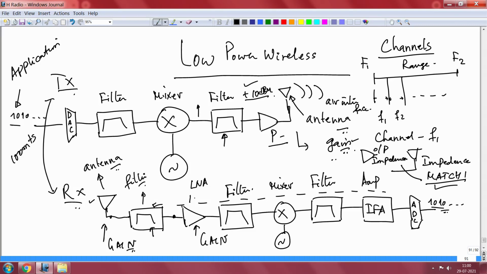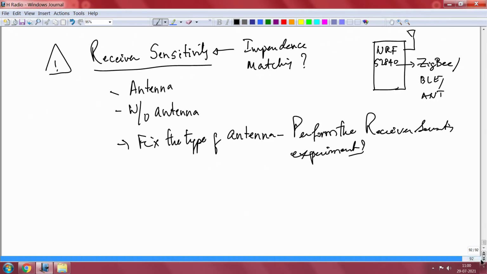If you are changing from Bluetooth to, let us say, Zigbee, it is just one soft device change. Okay. So that is about this, and therefore receiver sensitivity is indeed quite a critical story here.